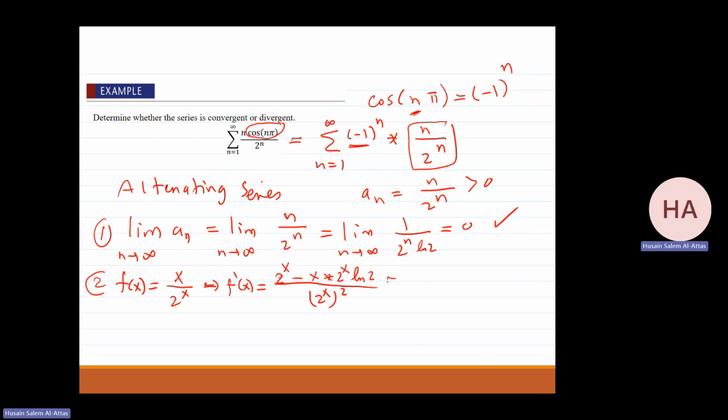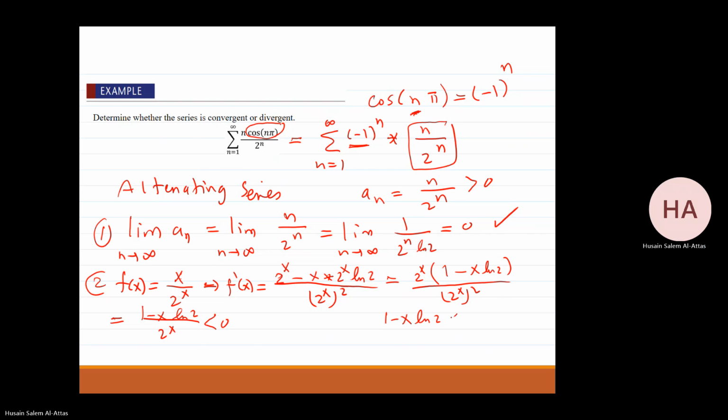And that is equal to what? If I take 2 to the power x as a common factor, I have 1 minus x ln 2 over 2 to the power x all squared. Cancel 2 to the power x. I have 1 minus x ln 2 over 2 to the power x, which is negative, since 1 minus x ln 2 is always negative for x greater than 2.